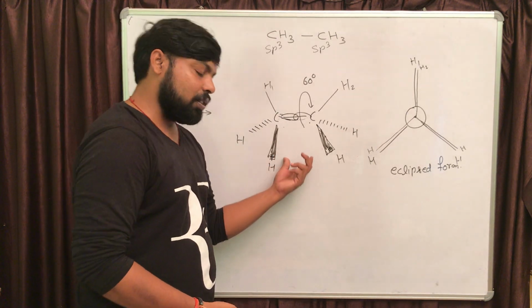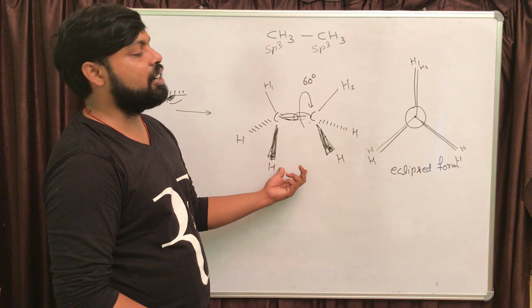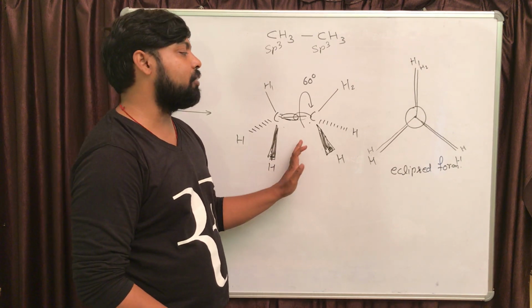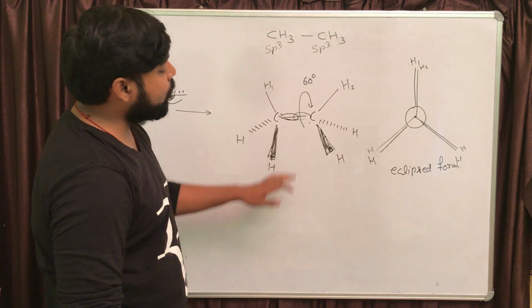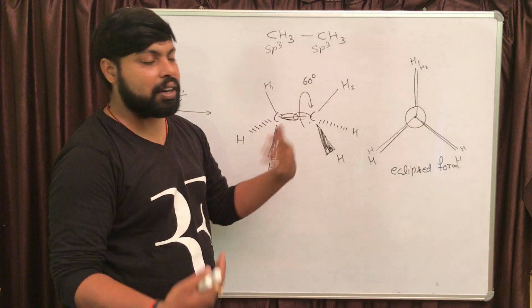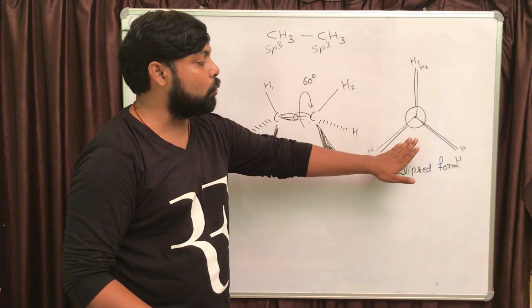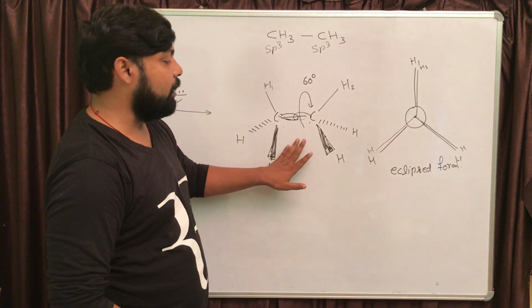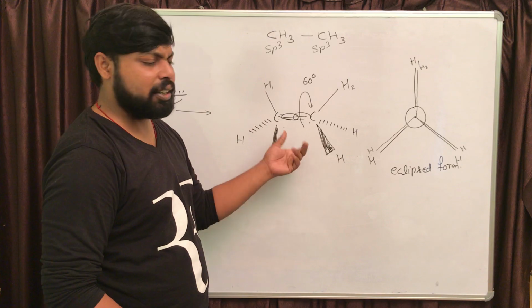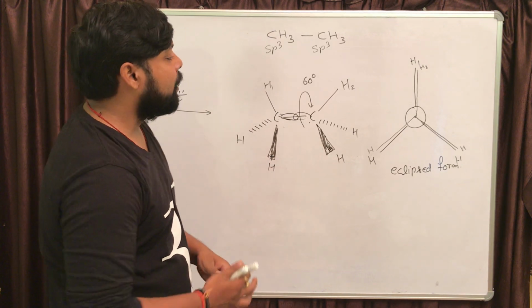In this flying wedge diagram, it is difficult to observe, but it will be easier to observe in the Newman projection. So after rotating 60 degrees, whatever structure is obtained, I am going to draw in this Newman projection and not in the flying wedge diagram.